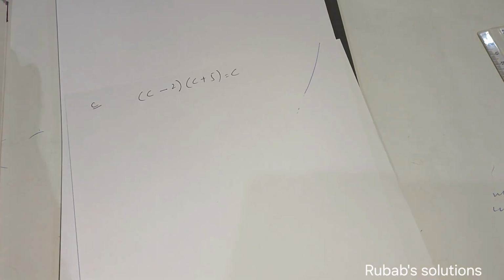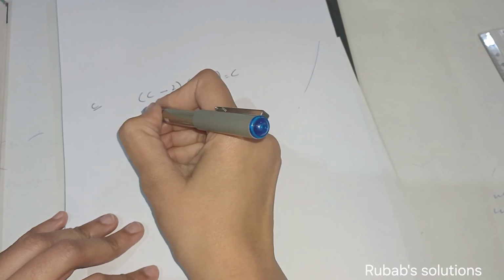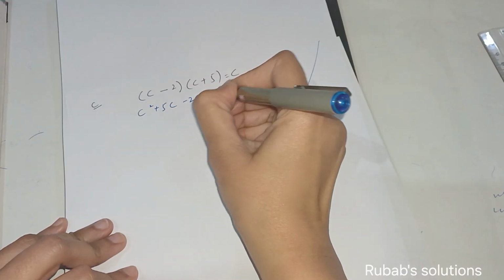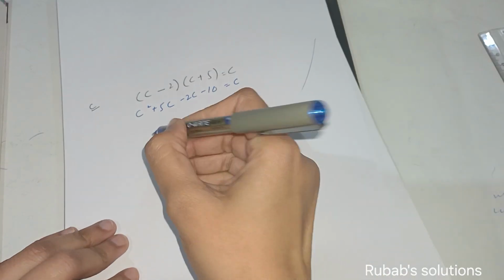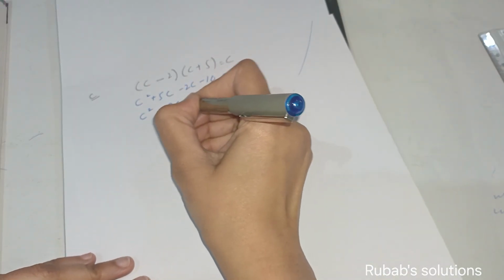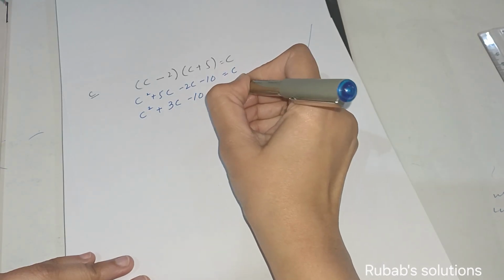Okay, let's start. It will be c square plus 5c minus 2c minus 10. I think the multiplication of brackets you know very well. Okay, c square plus 3c minus 10 minus c, this is equal to 0.